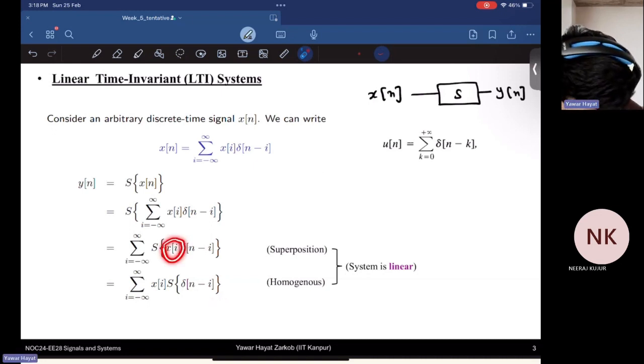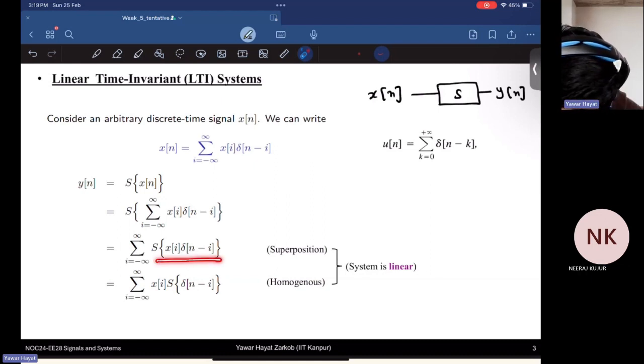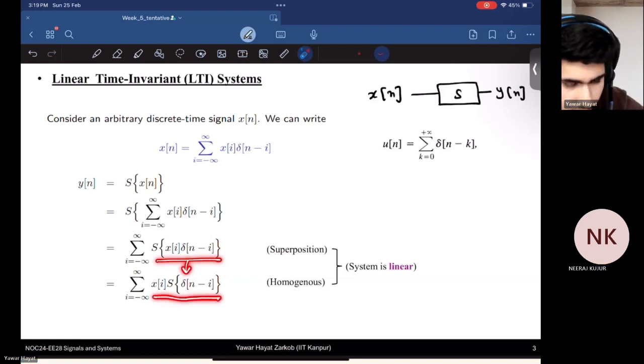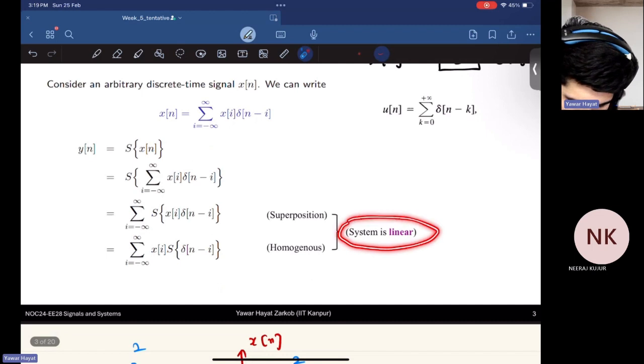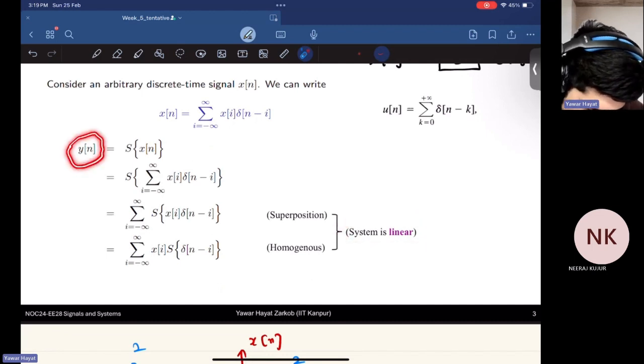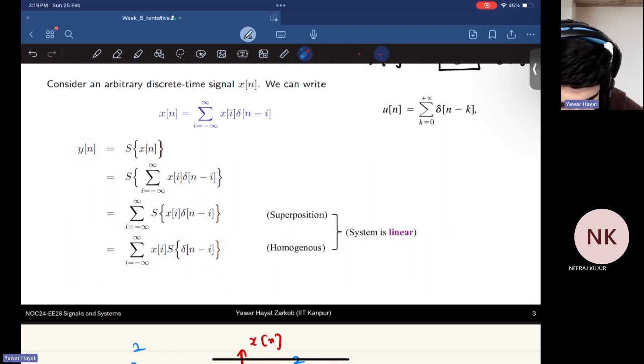Now I'm taking this x of i, which is a constant, and I'm taking this out of the system S, because for system S, this x of i would be a mere constant. The fact that I'm able to write this from this is courtesy of this homogeneity property. So given the system is linear, we were able to so far obtain y of n as the summation, i varies from minus infinity to infinity, x of i times S of delta of n minus i. Now what about this?